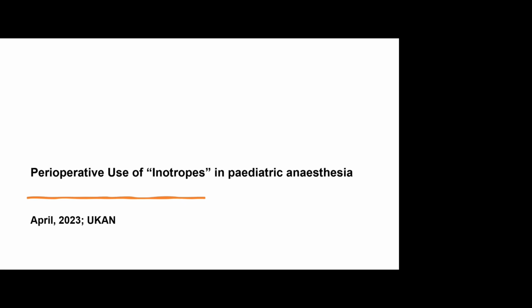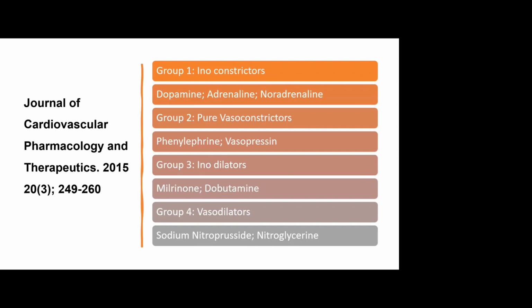We use the word inotrope very often, and we have multiple drugs which come under the umbrella for us. But in fact, if you look at the classification of the inotropes as such, this journal in 2015 released this classification of all these vasoactive agents: the inoconstrictors, the pure vasoconstrictors, inodilators, and vasodilators, depending upon the effect of a given drug.